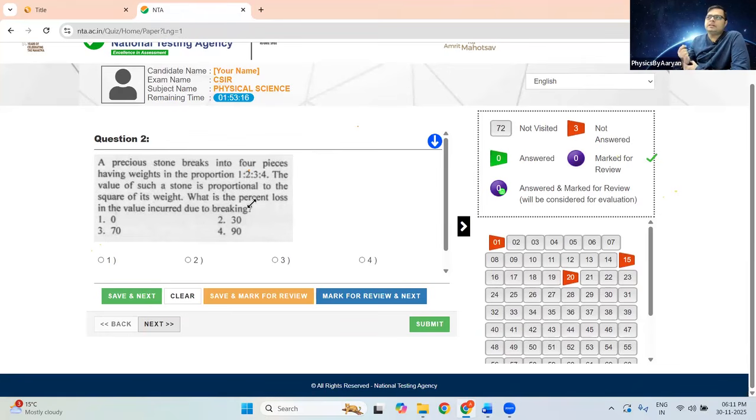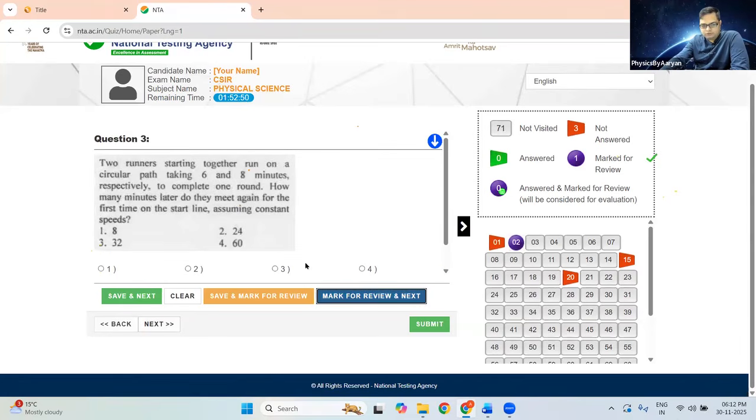But sometimes what happens is that initially your heartbeat is very fast and you don't want to do something which is not very simple, and that is also fine. Let's say you think you can do this question, but you are just entering the exam hall and your heartbeat has not settled yet, so you might make a mistake. This is a question which I can do, but it might take some time, so I will mark it for review and move to the next.